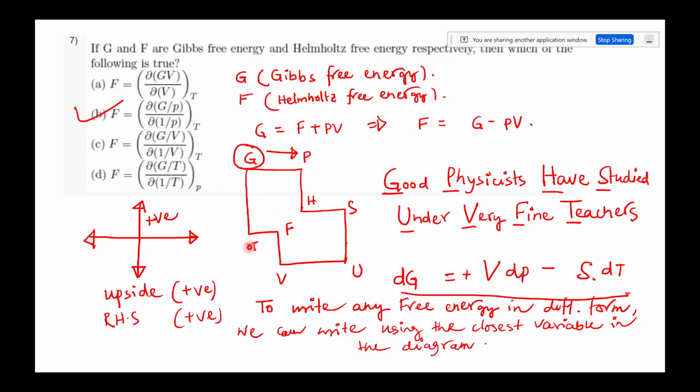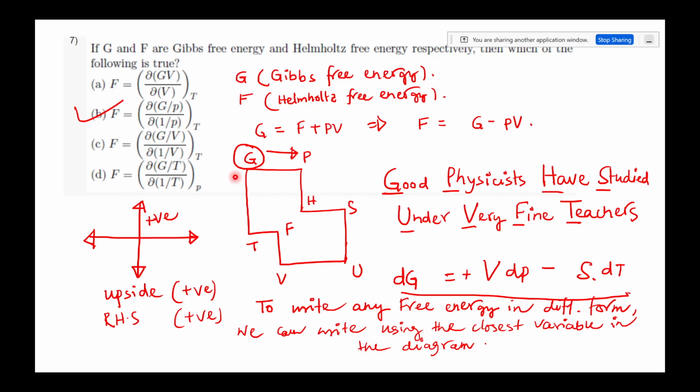P and T. So dG equals something times dP plus something times dT, and the sign will depend on where they are with respect to G. P is in the right-hand direction from G, and T is in the downward direction.